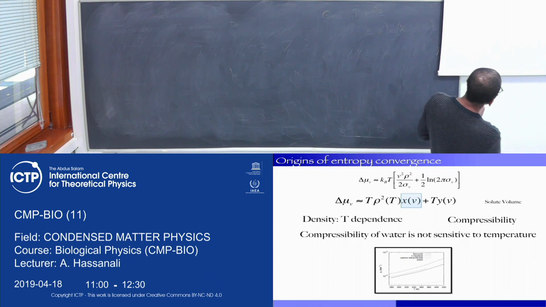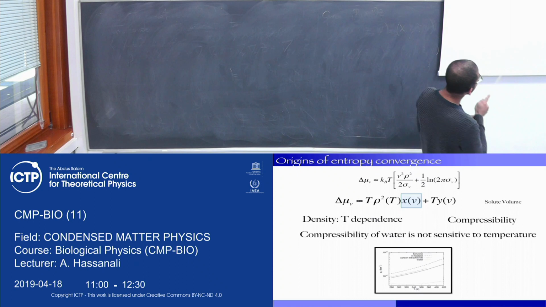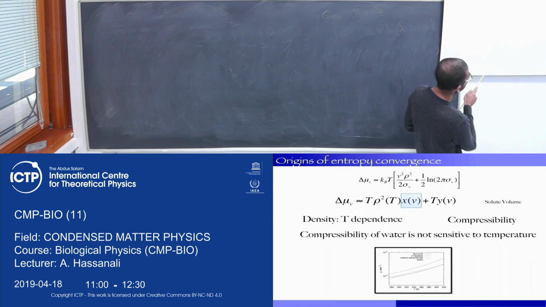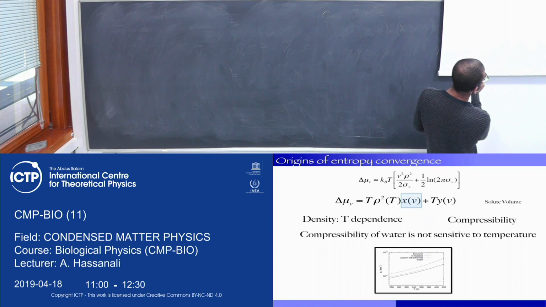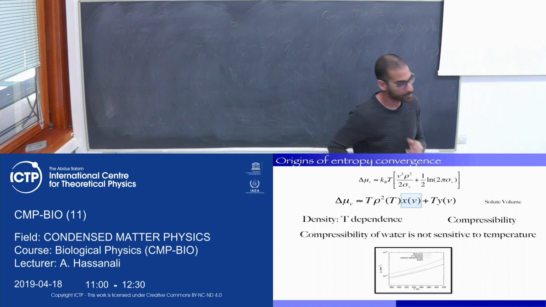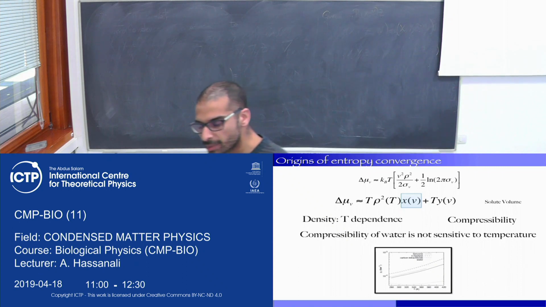This is from experiments: the compressibility of water and various other liquids. You see something rather interesting, which is that the temperature dependence of the compressibility of water is essentially flat. It doesn't change much compared to other liquids.